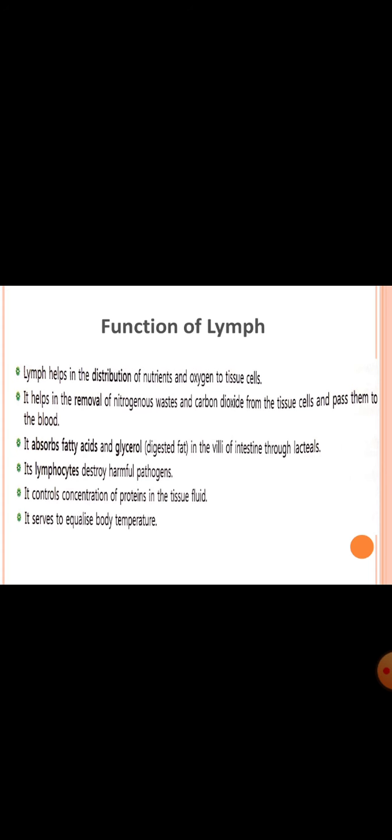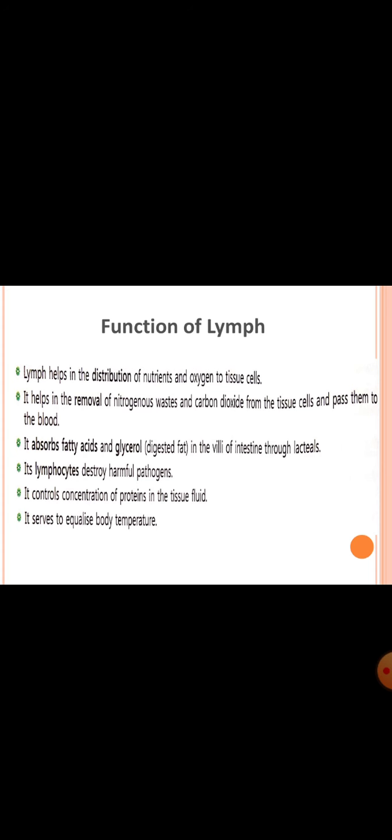It absorbs fatty acids and glycerol, the digested fat, in the villi of the intestine through lacteals. Its lymphocytes destroy harmful pathogens found in our body, and it controls the concentration of proteins in the tissue fluid. It serves to equalize body temperature.